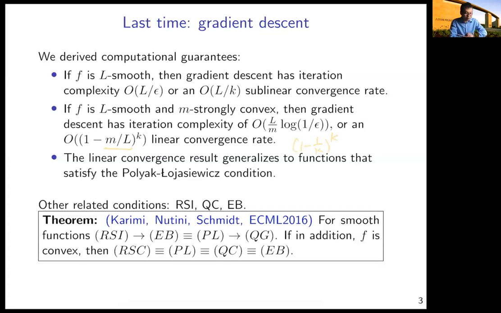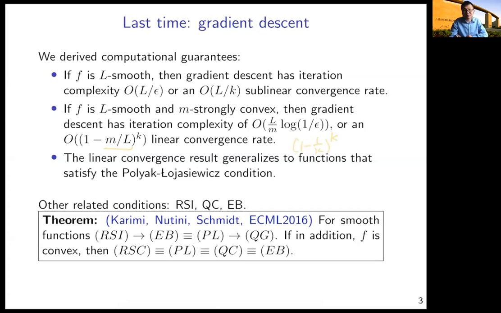So when it converges geometrically to 0, we say that this algorithm satisfies the linear convergence rate. So from sublinear convergence rate to linear convergence rate, the improvement is actually exponential. In addition, if we convert it to the other representation called iteration complexity, then what we end up getting is a logarithmic factor, log 1 over epsilon, where epsilon is the desired suboptimality that we want to achieve.